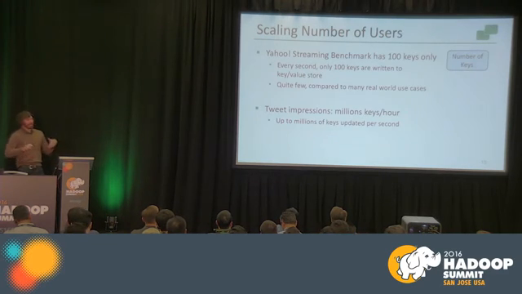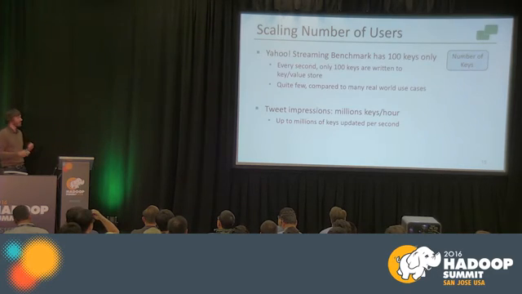If you think about many real-world applications, you probably have a lot more than these 100 keys. If you think about an example like running this in a Twitter-like use case, you're going to have millions or hundreds of millions of different users or products and so on that you interact with, and you'll have millions of interactions potentially per second that you want to handle.